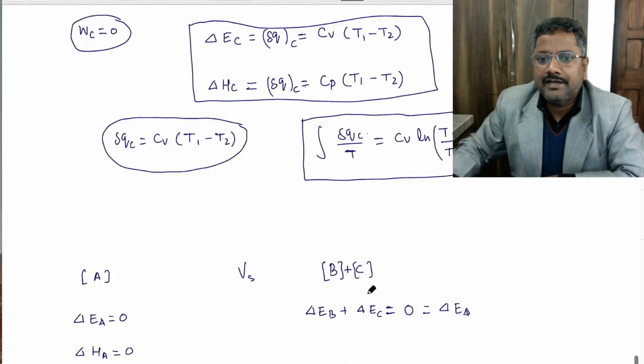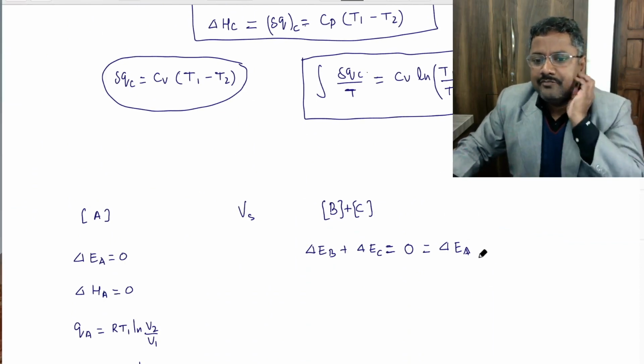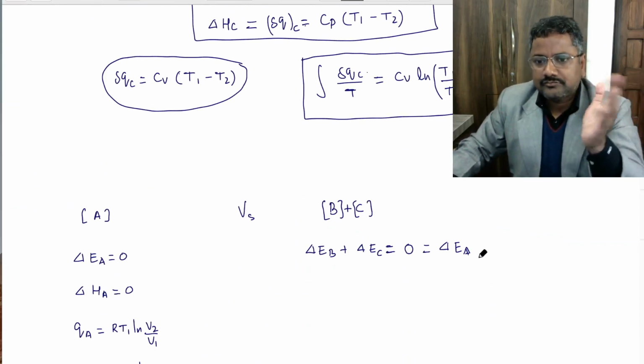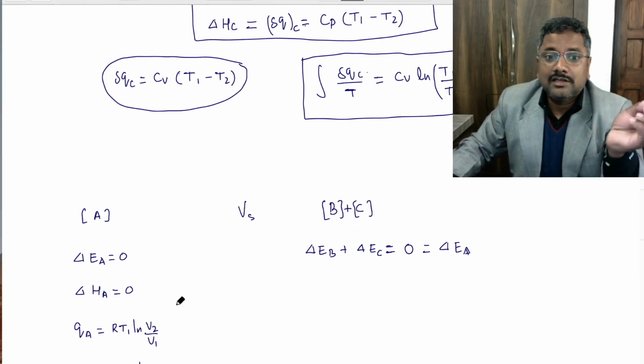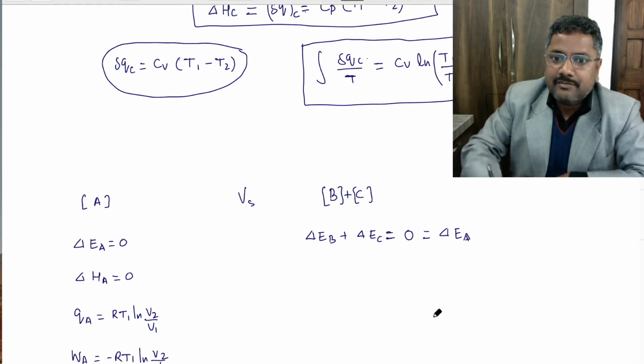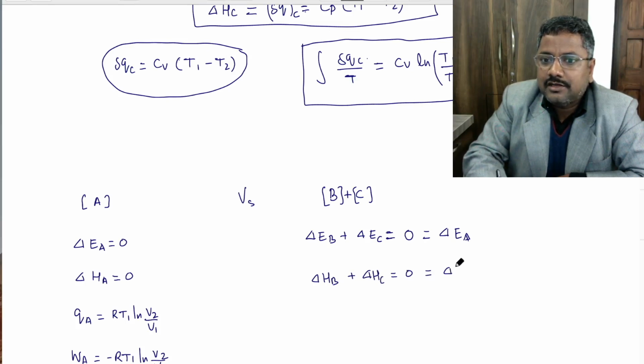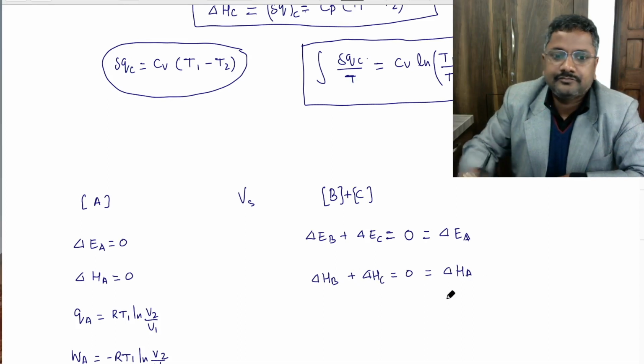So if you add these two, this is equal to 0, and basically this is equal to the change in internal energy along the path A, that is also 0. Now same case with delta H. Delta HB plus delta HC is equal to 0, which is equal to delta HA.